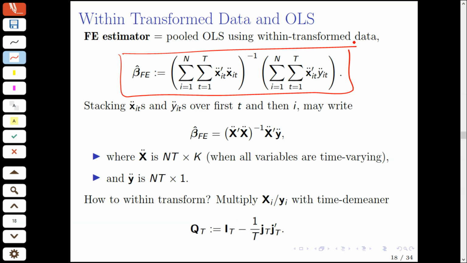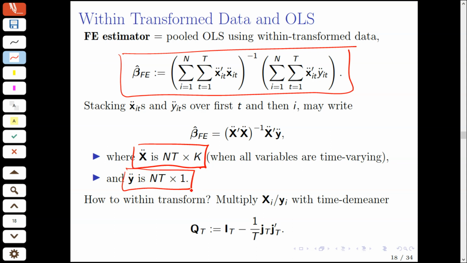Now this expression illustrates that we're pooling, but for computational purposes, it might be fruitful to write this in a more compact format. So let's stack the within transformed regressors and within transformed outcomes over first time and then individuals in order to obtain an nT by K regressor matrix, and an nT by 1 outcome vector.